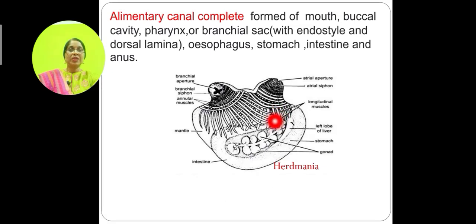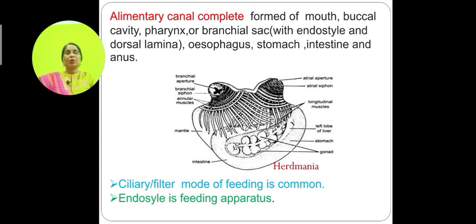Here the muscles are present, and the liver, stomach, gonad and intestine. So it has both the mouth as well as the anus, and the alimentary canal is complete. The mode of feeding is ciliary or filter feeding, and the endostyle is present, which is the feeding apparatus.